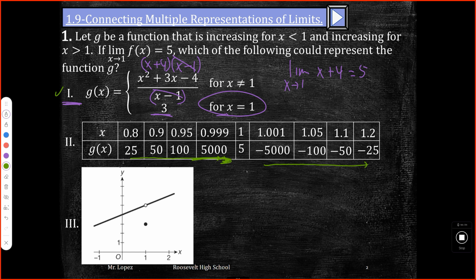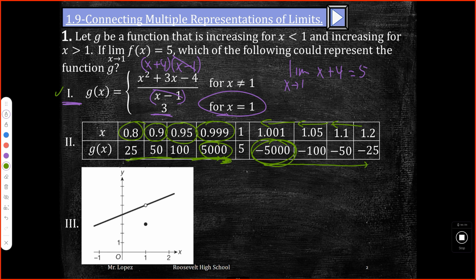It's getting bigger. So as we get closer to 1, the output is getting bigger. And as we get closer from the right, the output is getting way negative.